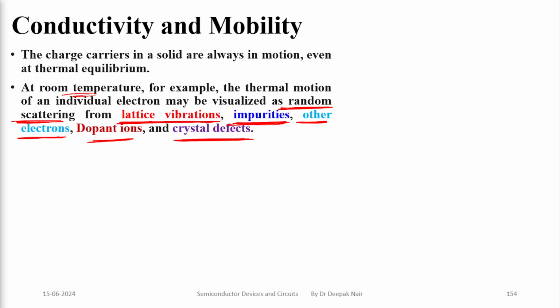So all these are major factors which actually cause the electron to scatter and move randomly inside the semiconductors.